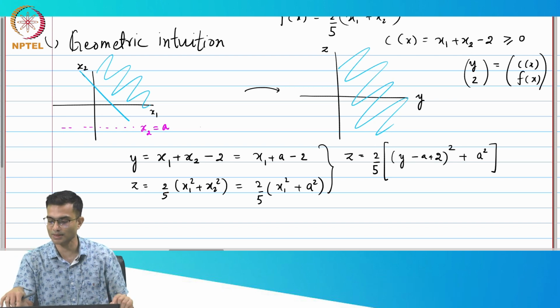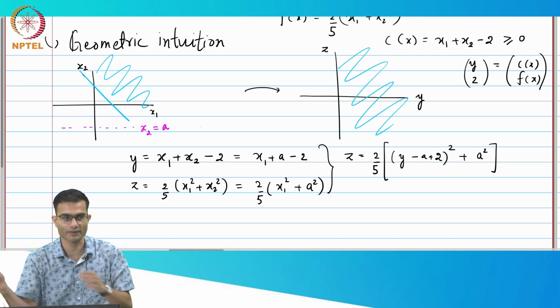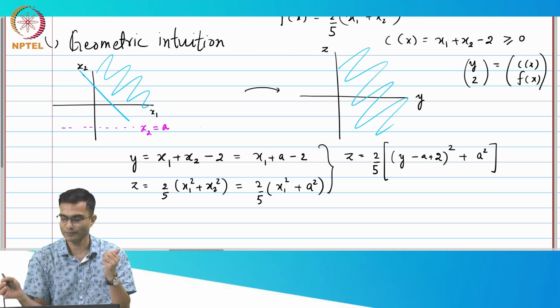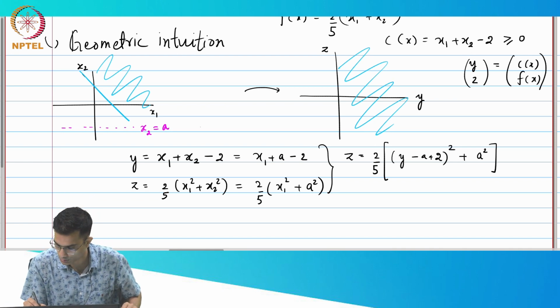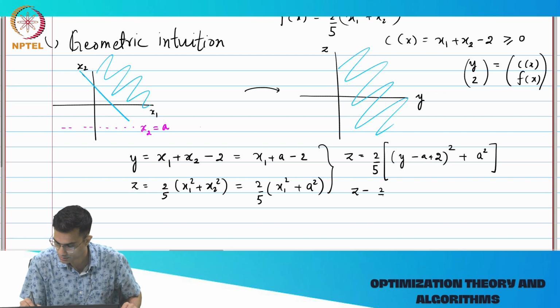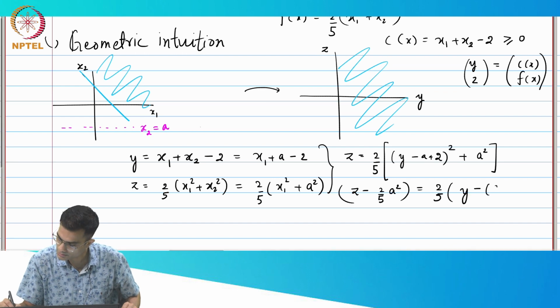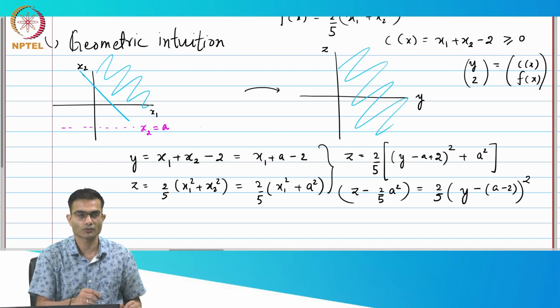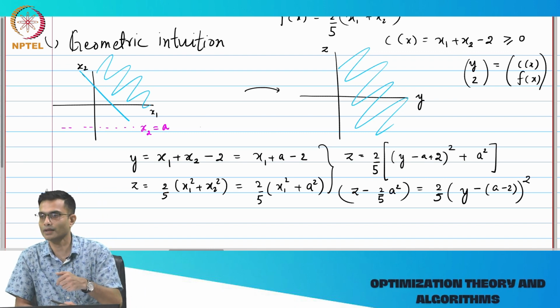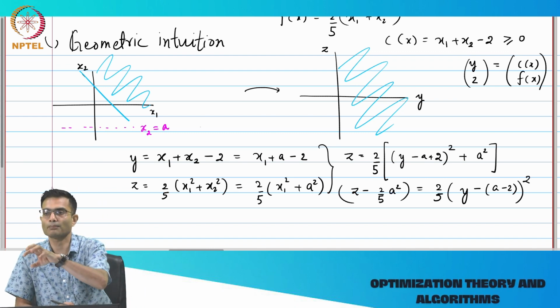If I take this plus a squared on the right hand side to the left, I will have the classic equation of a parabola. It will look like this, right? Z minus 2 by 5 a squared is equal to 2 by 5 y minus a minus 2 whole squared. So when I plug in different values of a, z minus some positive quantity, right?